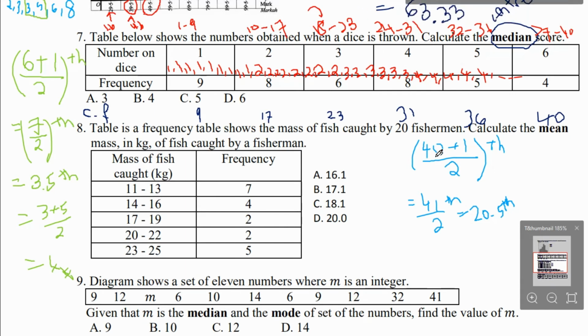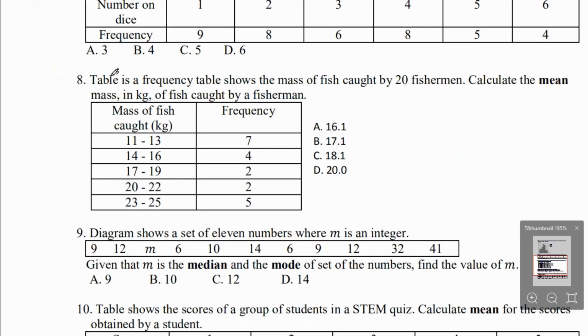So the answer will be 3. 3 is the median score, the middle of this whole group of numbers.